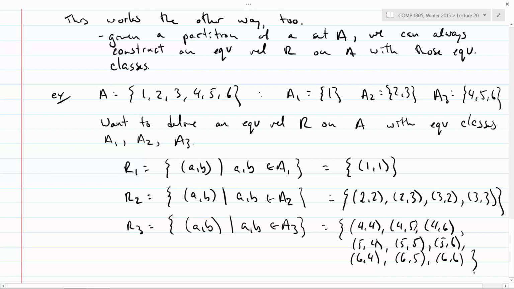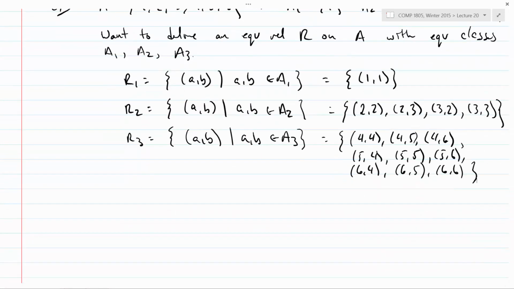If you go in order like that, it's easier to make sure you have them all. Does anyone see why it's 9 things here? Because you're making pairs. There's 3 choices for the first thing, 3 choices for the second thing. 3 times 3 is 9. You'll learn more about that in 2804.